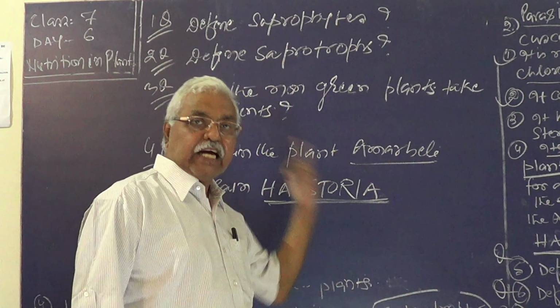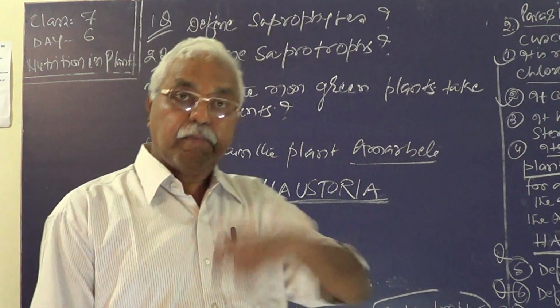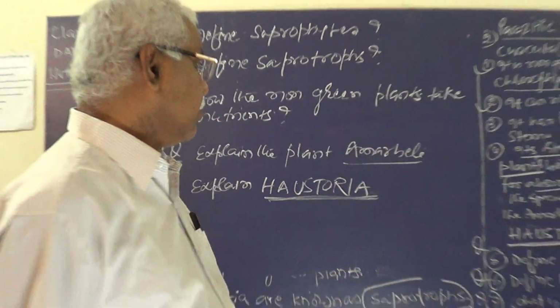You can say that the plant is the host and the Amar Bail is the parasite.